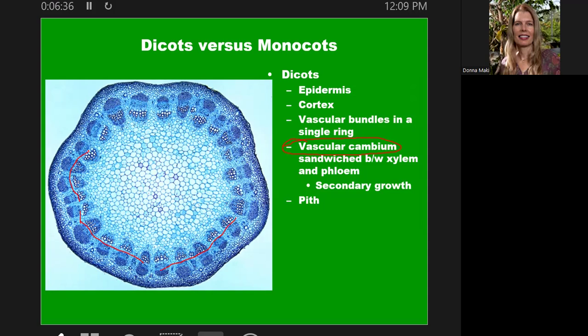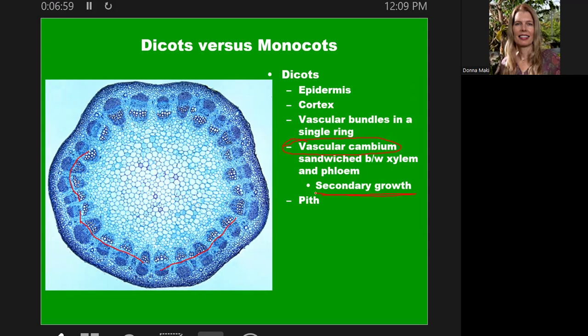And so that allows the stem to get bigger and bigger in diameter. So this so-called secondary growth means that you get diameter growth rather than apical growth, where things are growing taller and longer. Make sense? Okay.